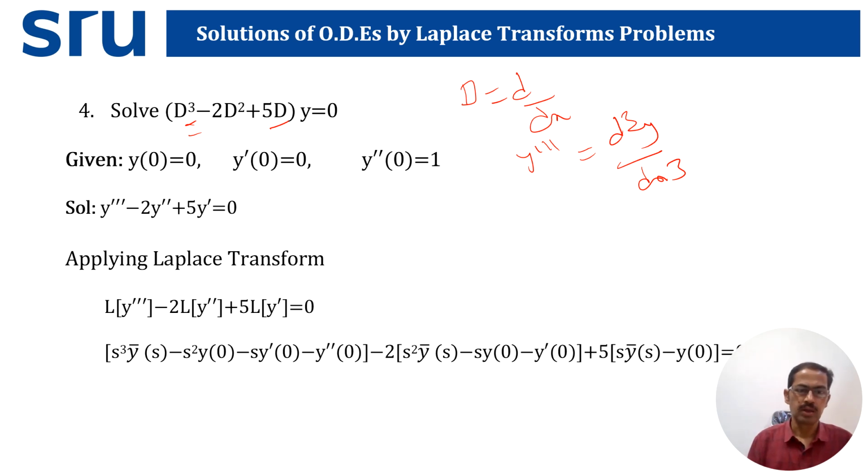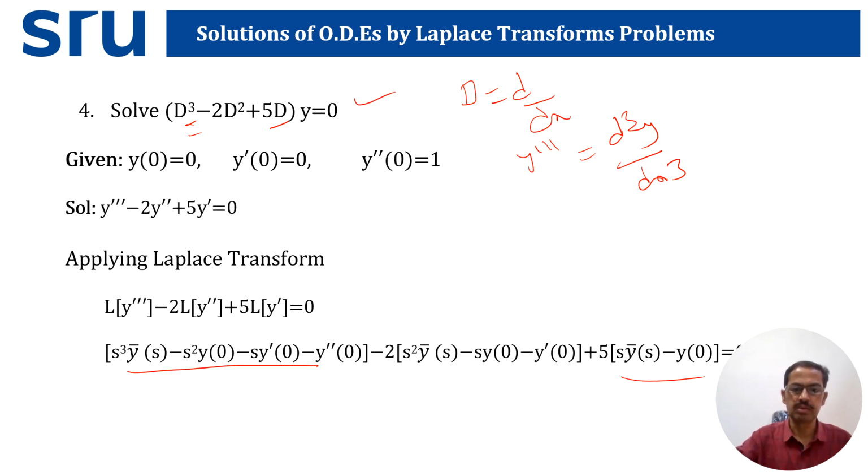Then apply Laplace transform on both sides. Third order derivative, second order derivative, and first order derivative equal to 0. It is a homogeneous equation, equal to 0.